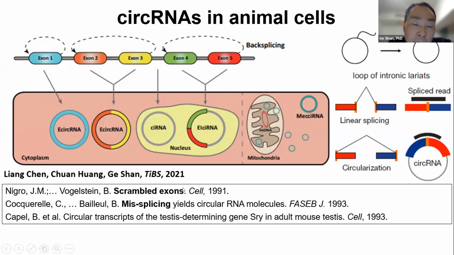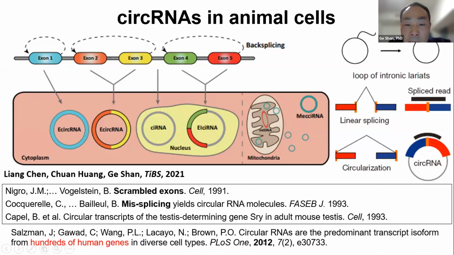But they were called scrambled exons or missplicing, and most of them were believed to be splicing noise. But in 2012, a paper published in PLOS ONE pointed out that hundreds of human genes actually produce circular RNAs.